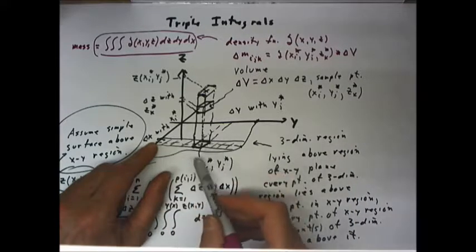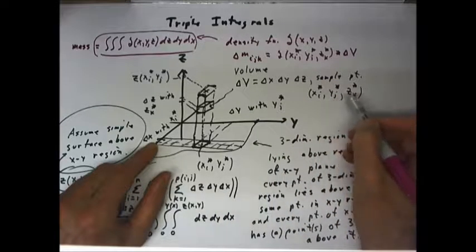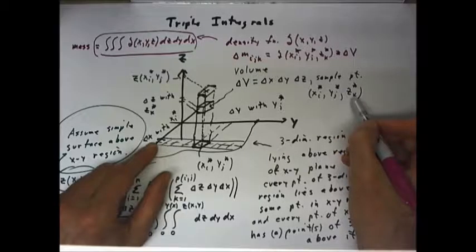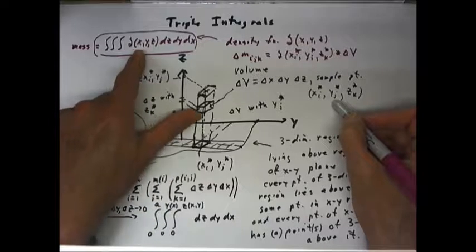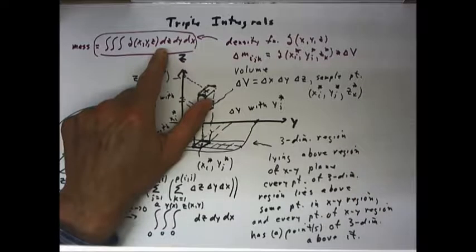And our m r squared would just be our density function times yj star squared plus zk star squared times delta v. So we would have ultimately in this integral, we'd also be multiplying then by y squared plus z squared.